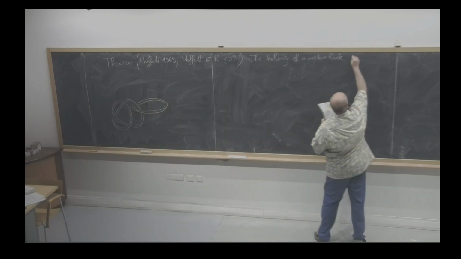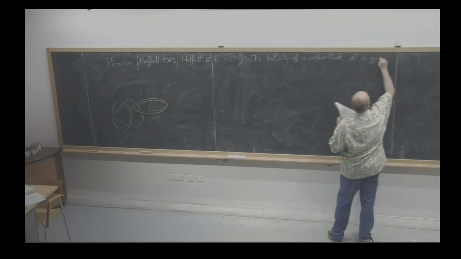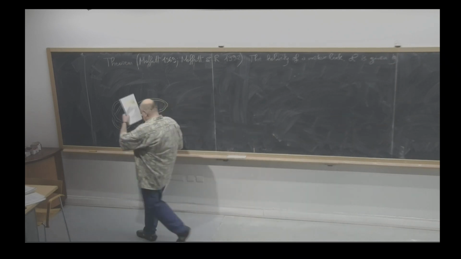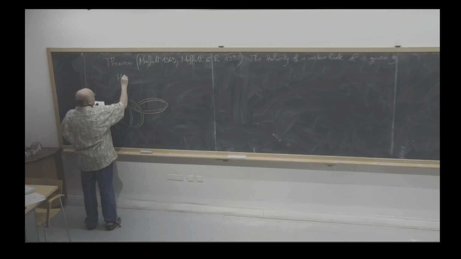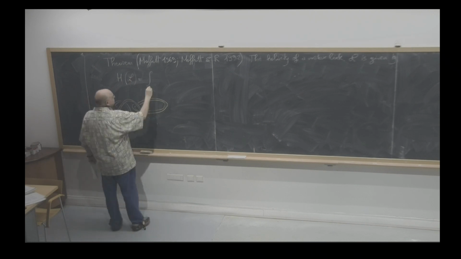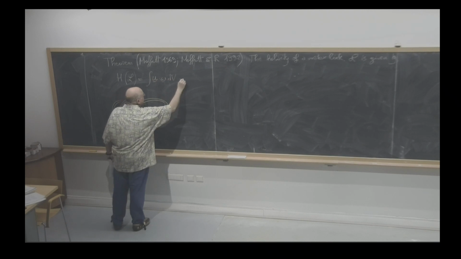L is given by the following expression. So we have helicity. Remember, helicity of, say, this link. I emphasize that this is in terms of vorticity, u dot omega dV, okay?